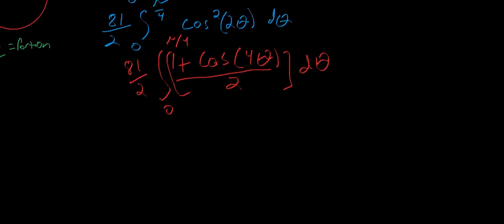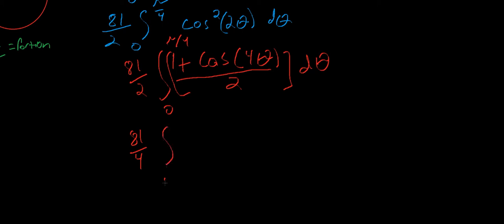Alright, so I'm going to go ahead and pull my 1/2 out now, and I get 81/4. And I like to do this, not everyone does, but I always do this: I'm going to break up my integrals.